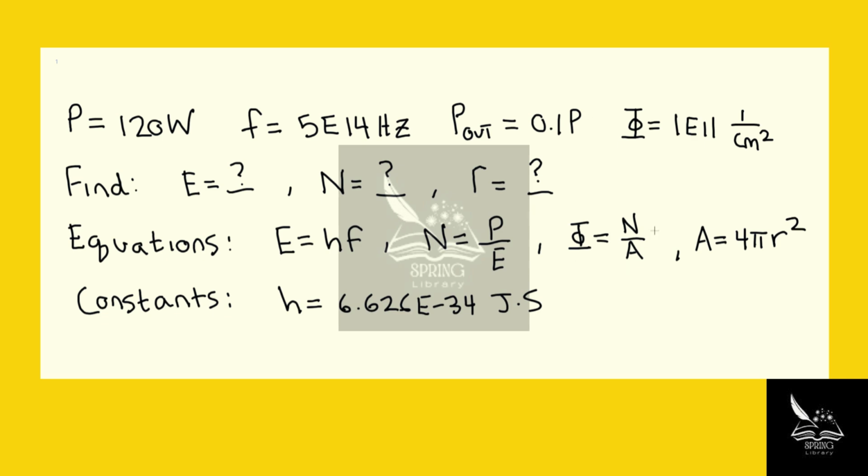In order to get flux, we can take the number of photons being emitted per second and divide it by the area of our sphere, assuming that they're being emitted uniformly. And the area of a sphere is 4 pi r squared. For constants, the only one we'll need is the Planck constant, which I have listed in joule seconds. Okay, let's jump into it.